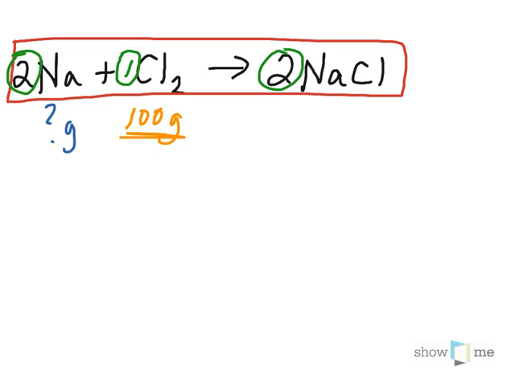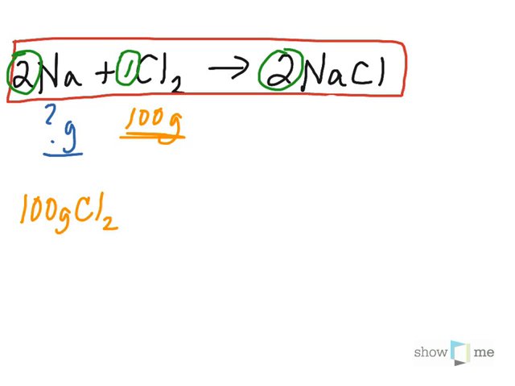So if we begin with 100 grams of chlorine, a typical question will say, how many grams of sodium would be necessary to react with this? Or it could ask, how many grams of sodium chloride are produced? It's going to ask you about some other species or some other chemical within the reaction.